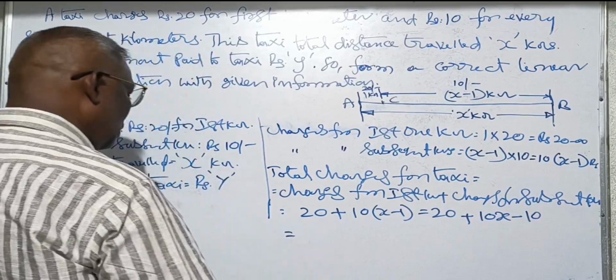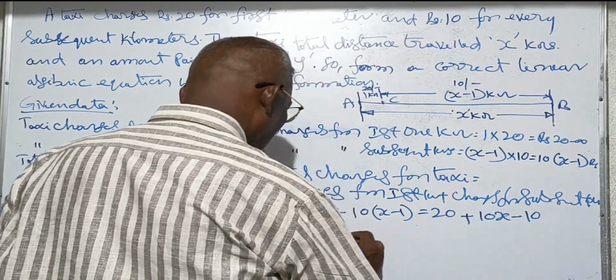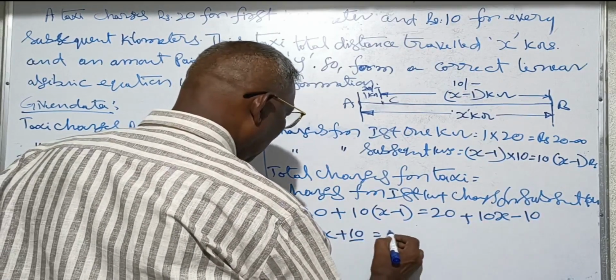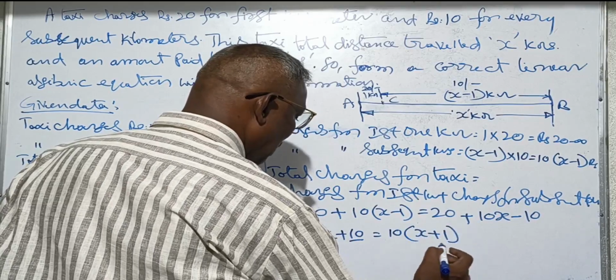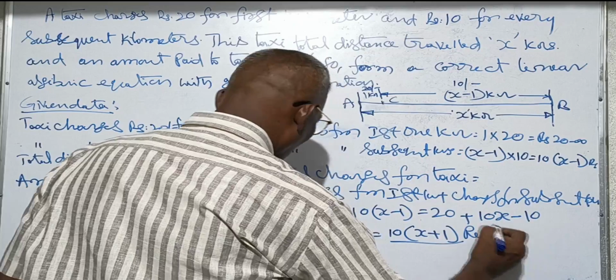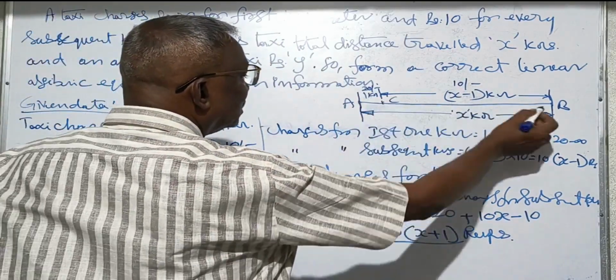That is 10x plus 20 minus 10. Here 10 is common, so 10 into x plus 1 rupees. What is this? The total charges paid to the taxi.